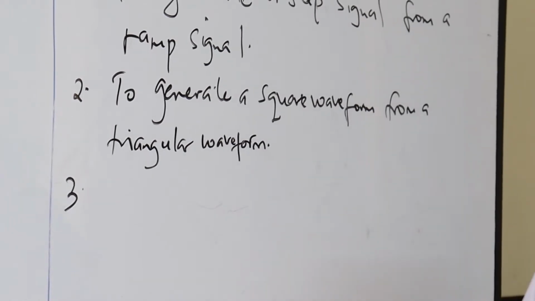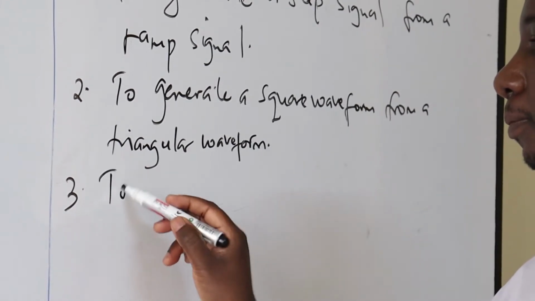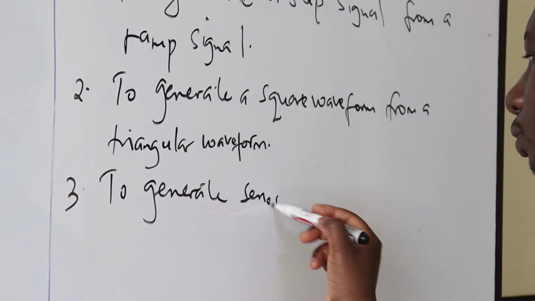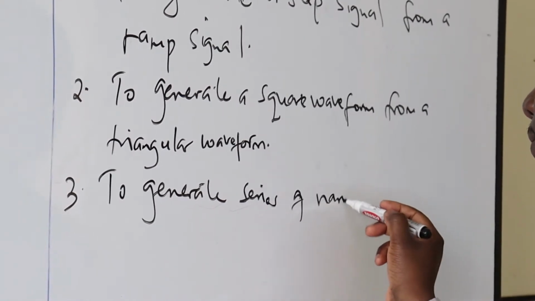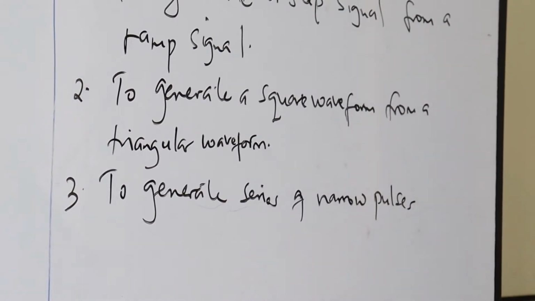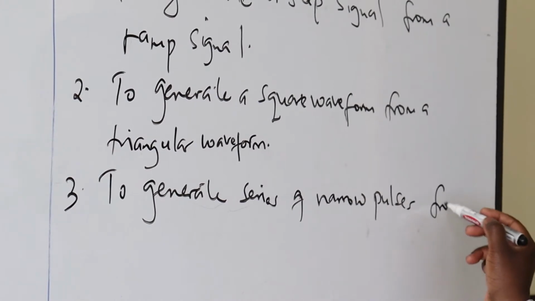And number three is to generate a series of narrow pulses from rectangular or square waveforms.